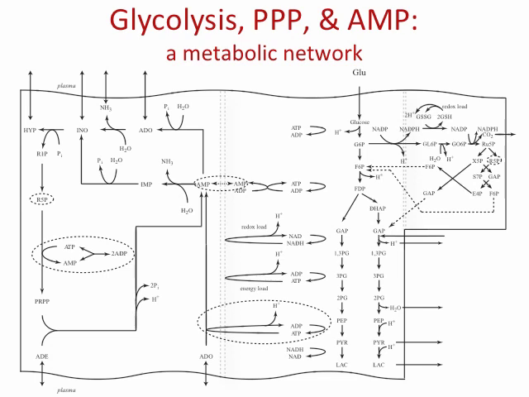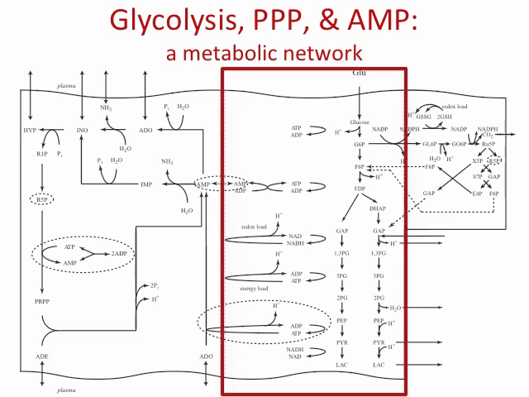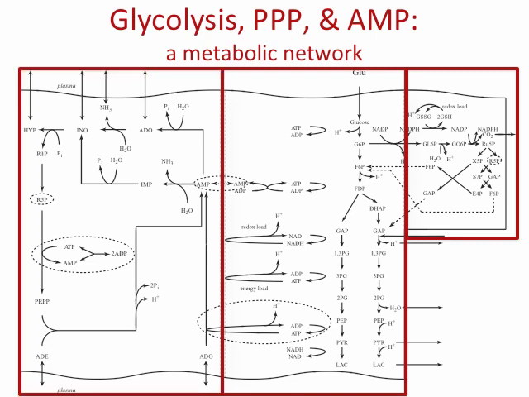Now I have a solid line all around my network, because now this is a complete model of the cellular metabolism I am going to consider. So this box here is what we started out with in the beginning, glycolysis alone. Then we put the pentose pathway on there, and now we will add the purine metabolic network.